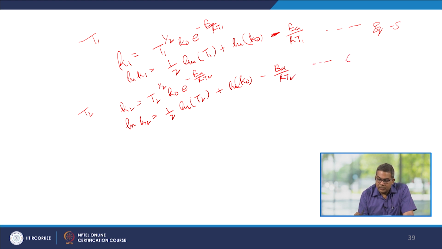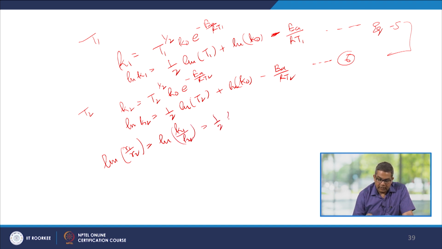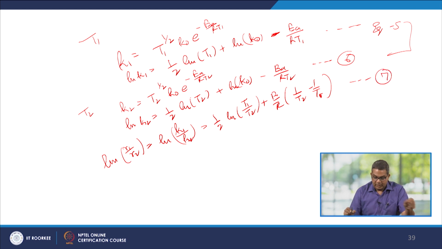This is equation number 6. Now, if we substitute and rearrange equations 5 and 6, we get ln K1 over K2 is equal to 1 upon 2 ln T1 over T2 plus EA over R into 1 upon T2 minus 1 upon T1. Let us say this is equation number 7.